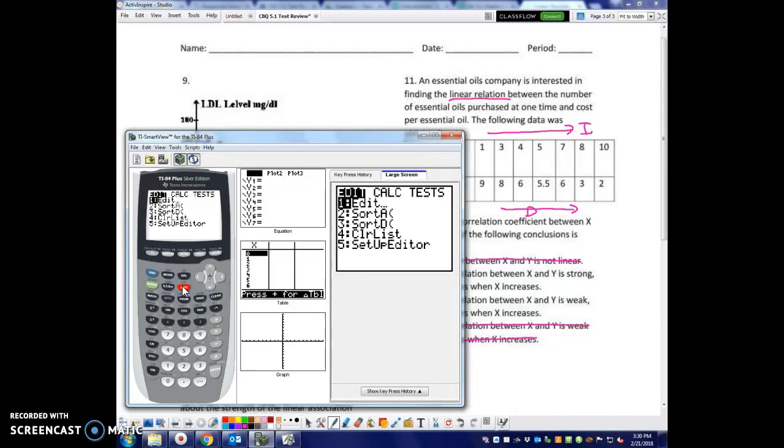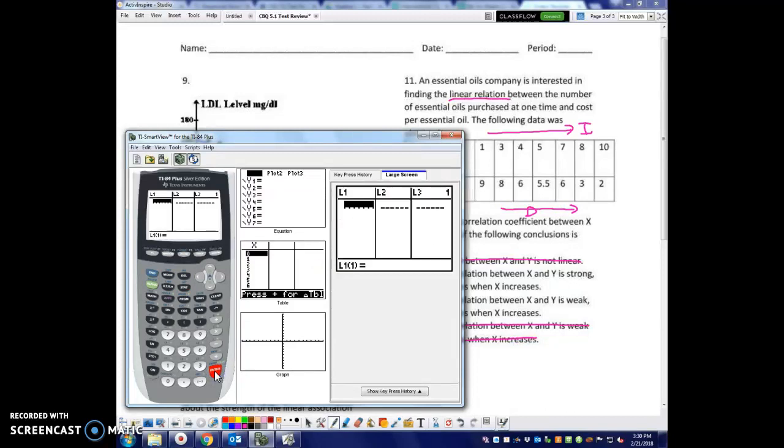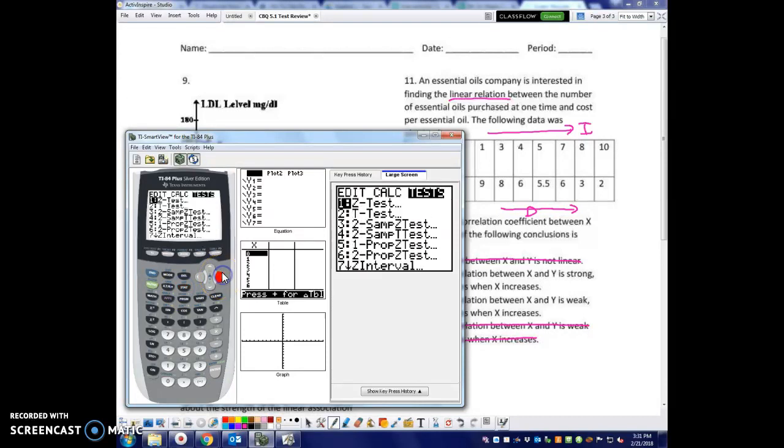So stat, edit, type in our information. 1, 3, 4, 5, 7, 8, and 10. Okay, over here we have 9, 8, 6, 5.5, 6, 3, 2. Okay, stat, over to calc. Whoops. 4.